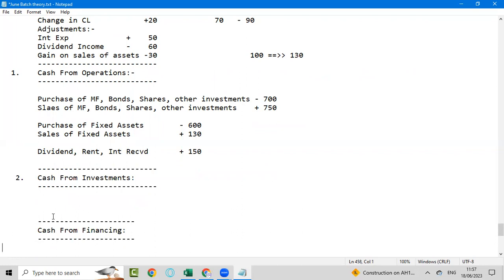Mutual fund. MF is mutual fund. Operating, investing, financing.